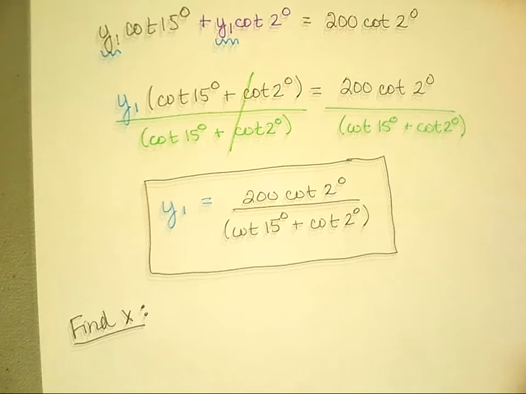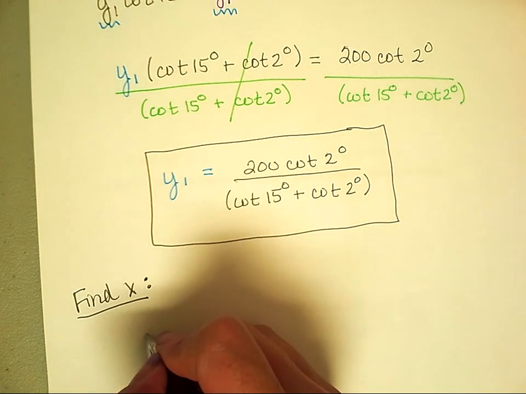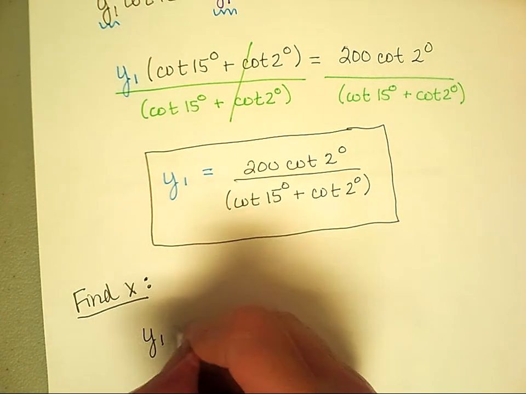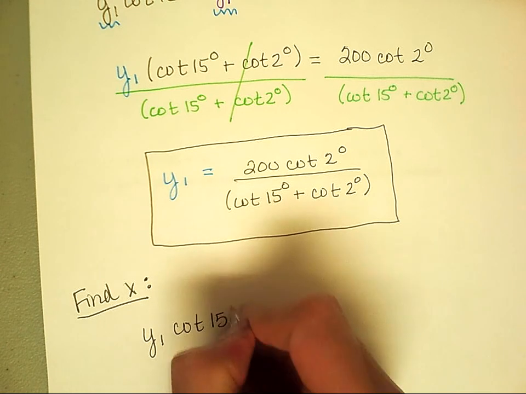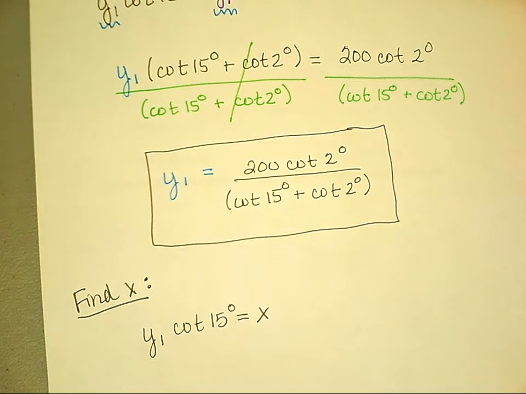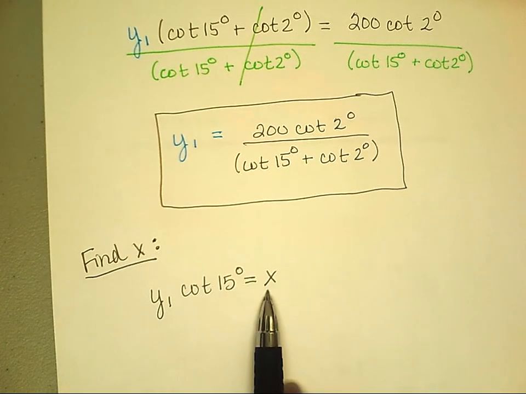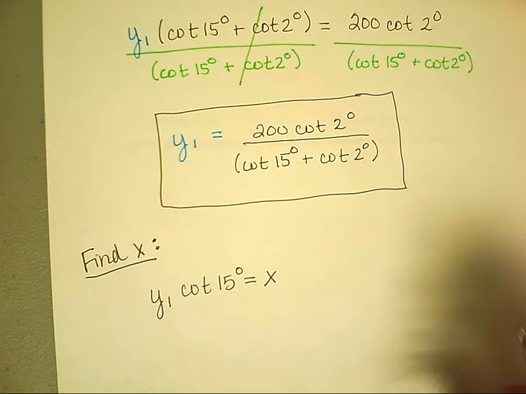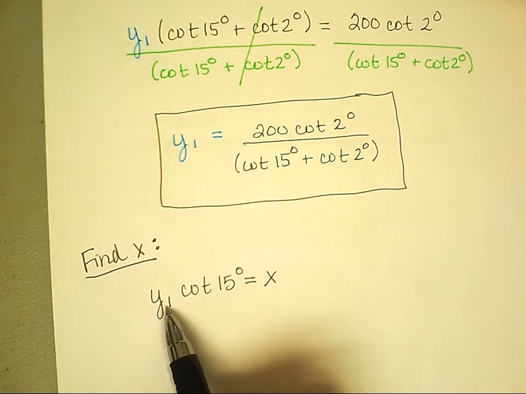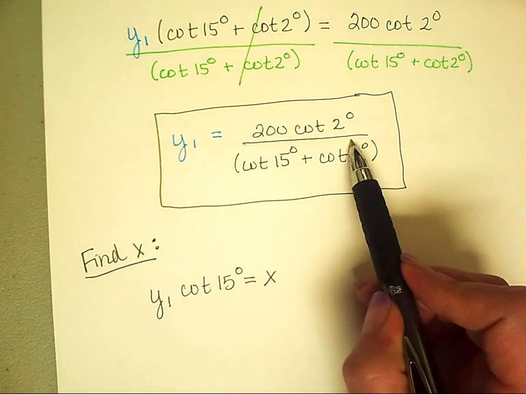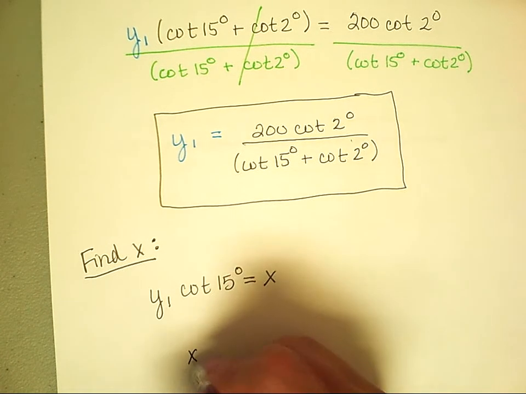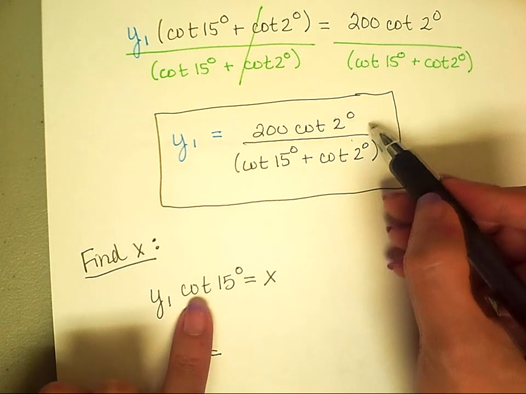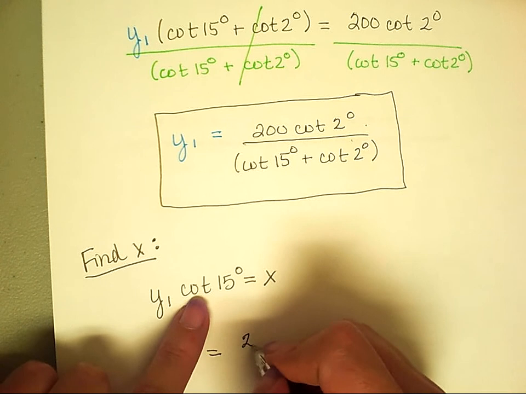But that's not what we were looking for, right? We were trying to find x. So the simple way that we're going to find this then is we had two formulas. One was y1 times the cotangent of 15 degrees is equal to x. The other was longer. We'll use the shorter one. So I have to multiply the cotangent of 15 degrees by this.